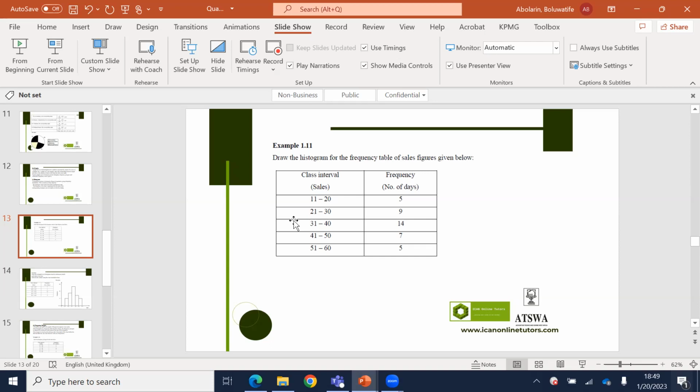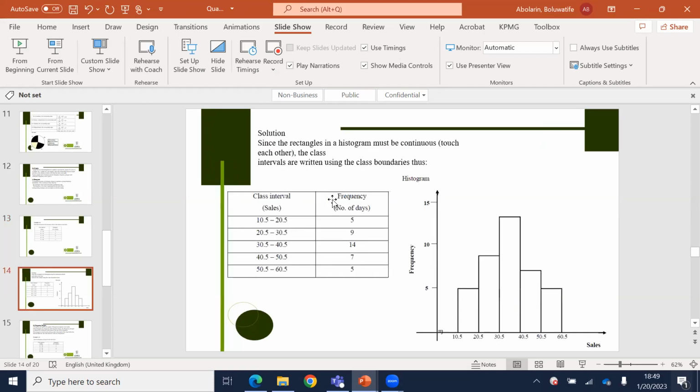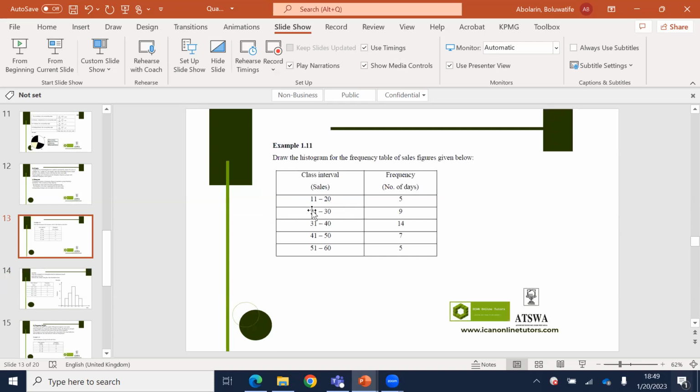Class boundary. I said for the lower one you are going to remove 0.5, and for the upper one you are going to add 0.5. Have you forgotten? So to get the class boundary, all the lower ones here, you minus 0.5.